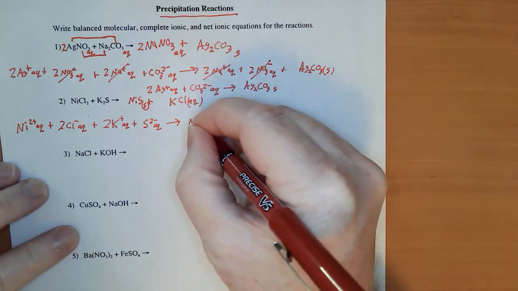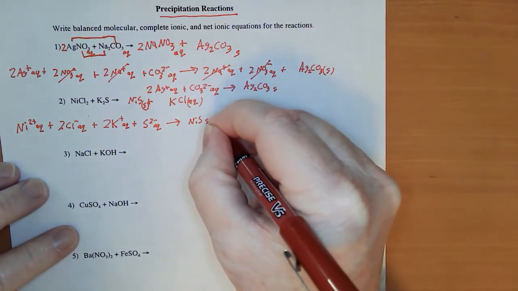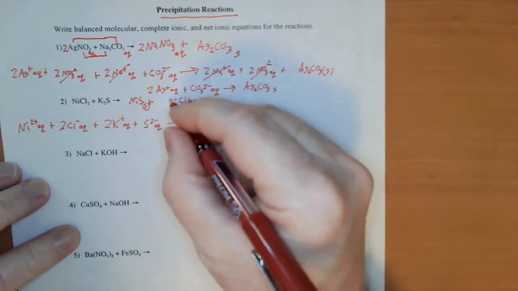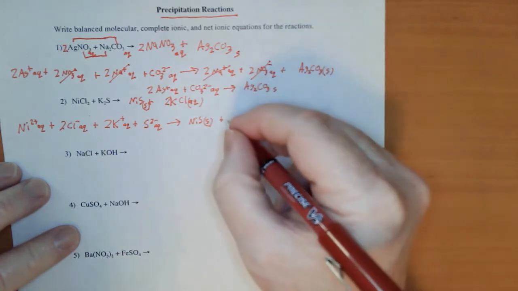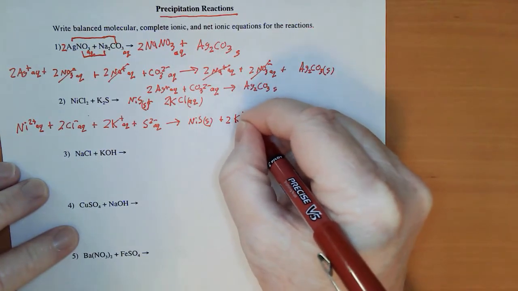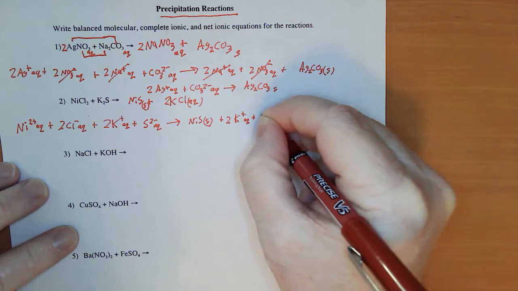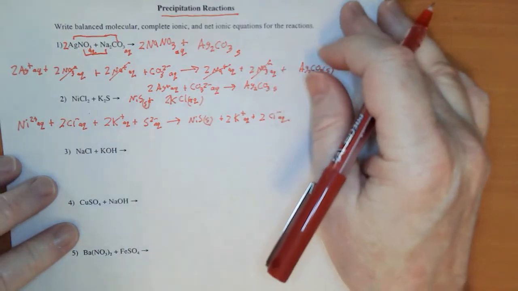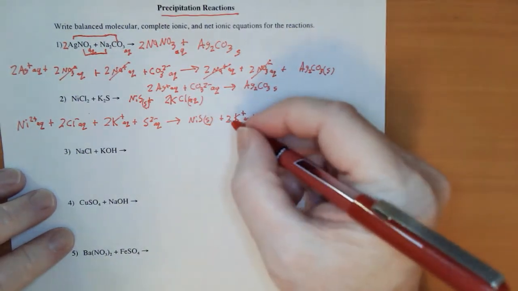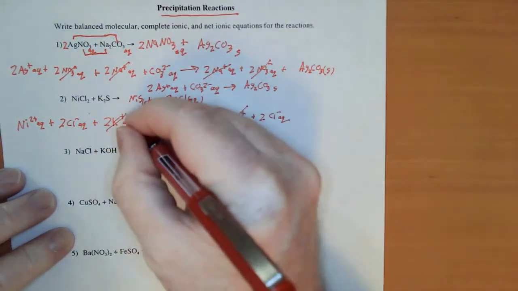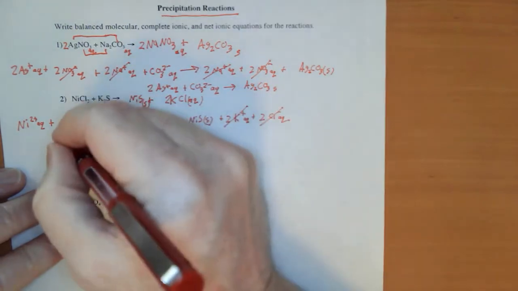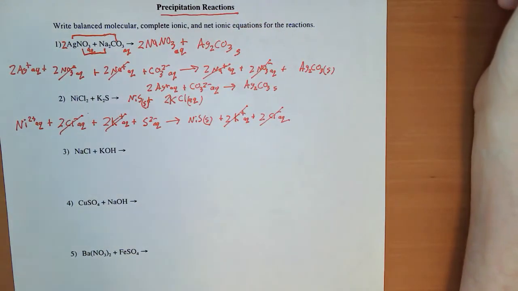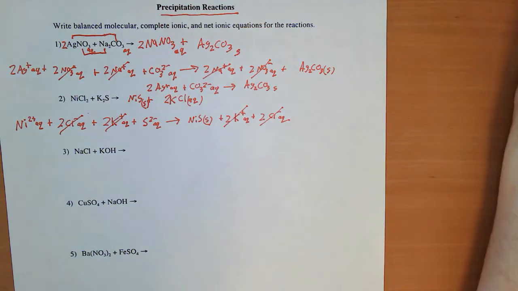Now that gives me NiS solid plus, well, if I balance this correctly, I'm actually going to have a 2 in front of the KCl. So that's 2K plus aqueous and 2Cl minus aqueous. Okay. I look for cancellations. That's the 2K plus and the 2Cl minus. So what we're going to end up calling those ions are spectator ions.